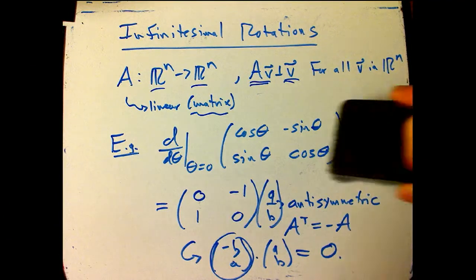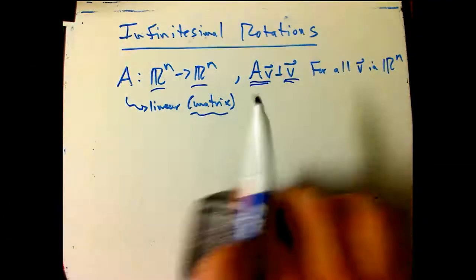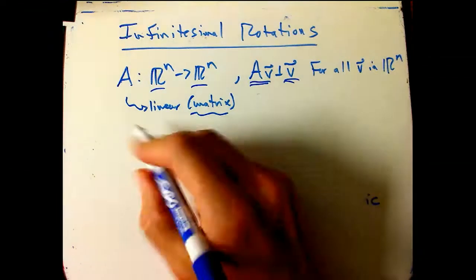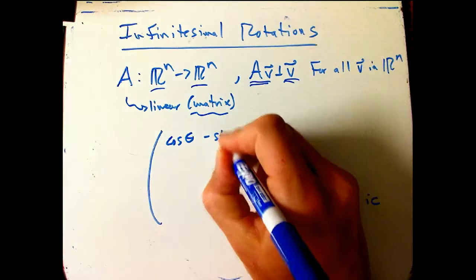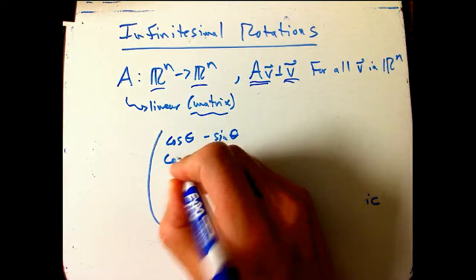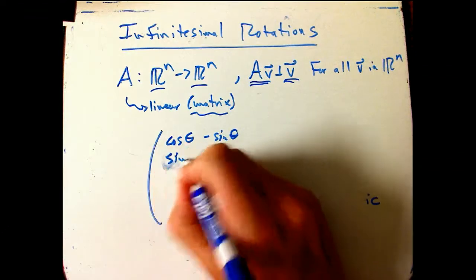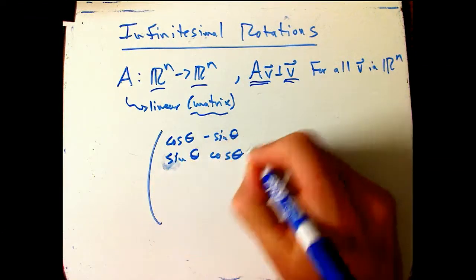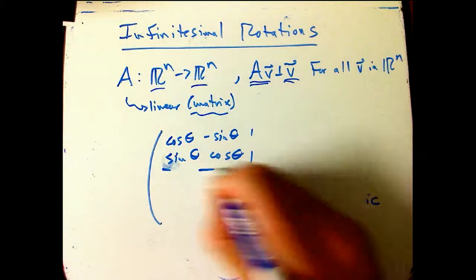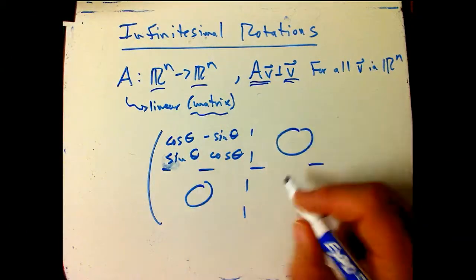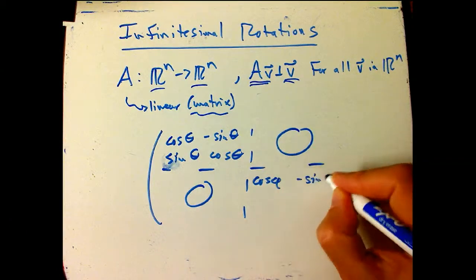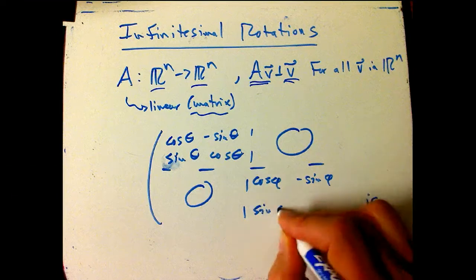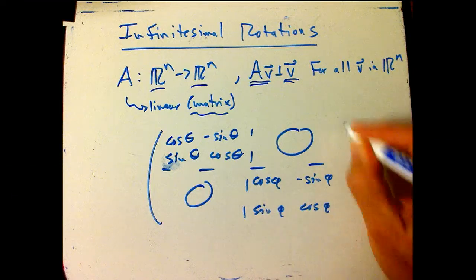Similarly, if we look at that 4x4 matrix of rotations, cosine theta, minus sine theta, sine theta, cosine theta, and this time I'll cheat and just do the big zeros, and then cosine phi, minus sine phi, sine phi, cosine phi.